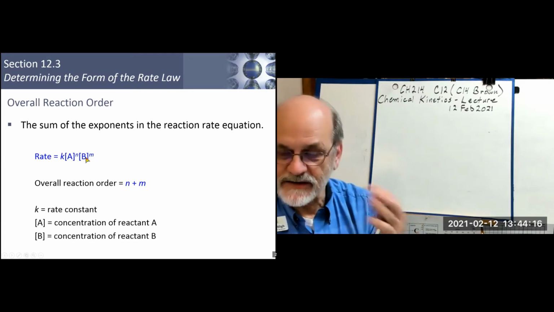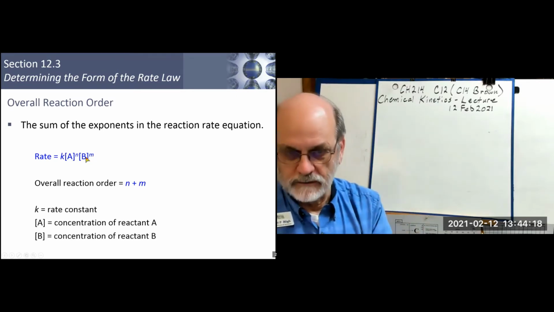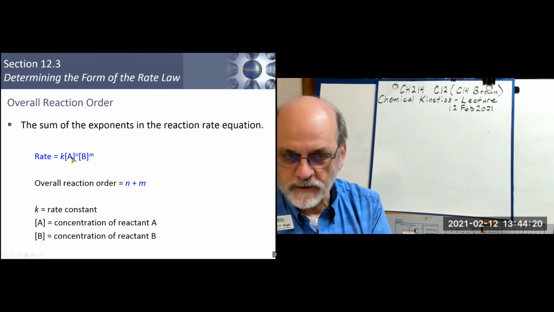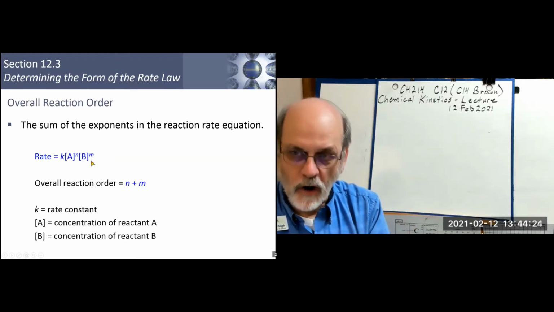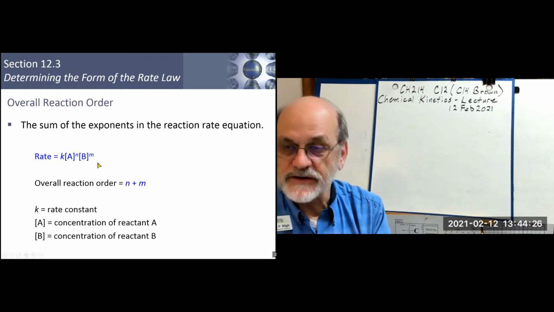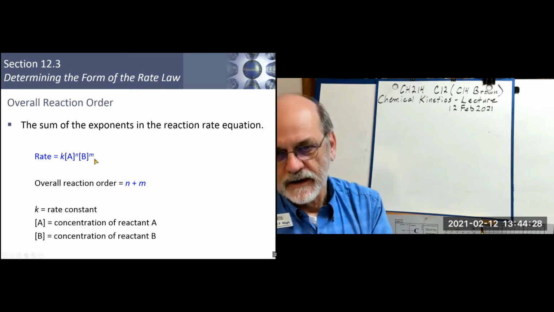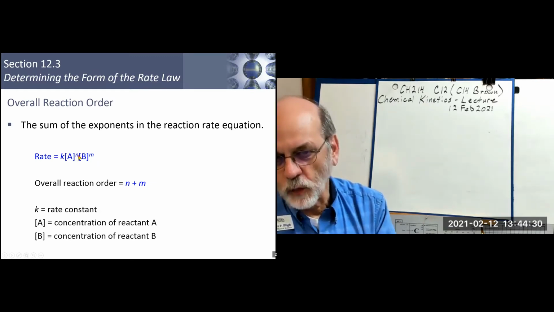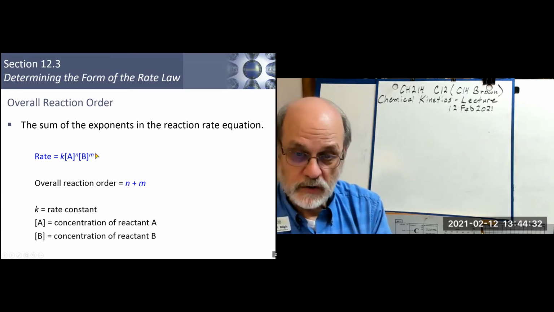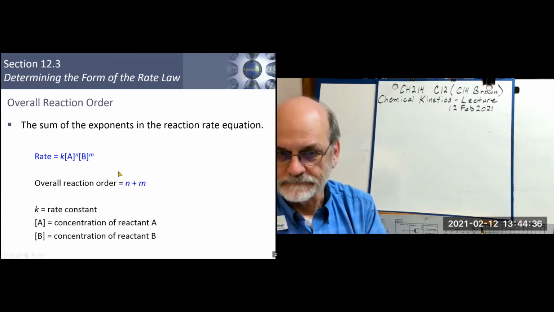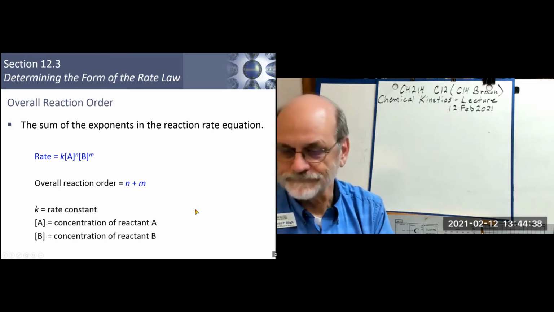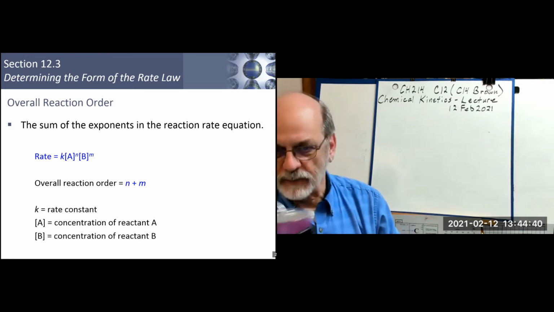So each one has its own order. This is the order of A, order of B. The overall order of the reaction is just the sum of those two. So if A was order 1 and B was order 2, the overall order would be 3. That's pretty simple.